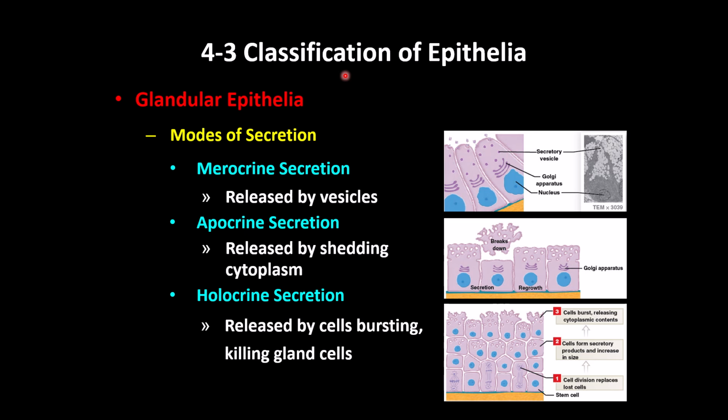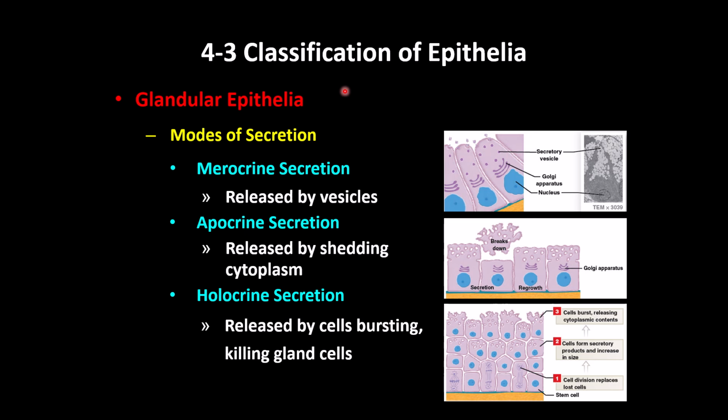Classification of the glands. There are two types of glands. One is the exocrine gland and the other one is the endocrine gland. Exocrine glands usually drain into a duct, and endocrine glands drain into the blood. So that's a little bit different.